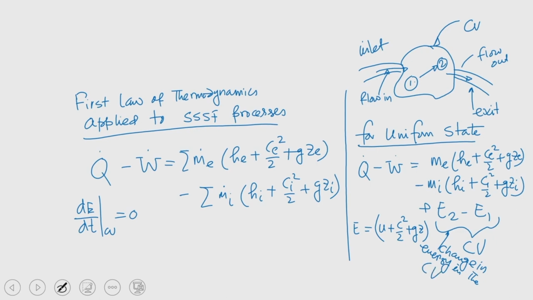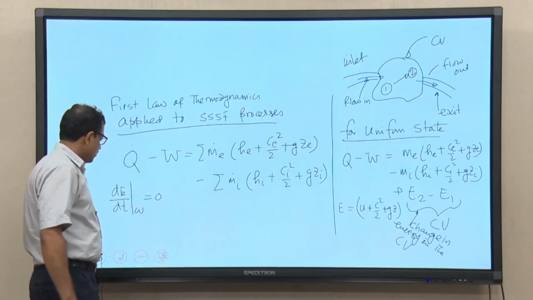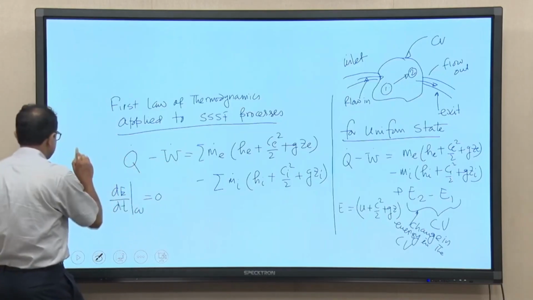Okay. So, that term is 0 for this case anyway. So, this is the first law of thermodynamics applied to steady state steady flow processes, and as I told you, we shall be assuming that all processes are steady state steady flow processes. Okay. So, this is the rate equation.